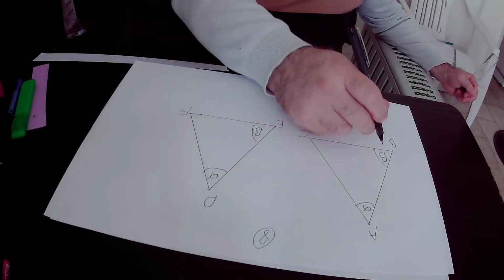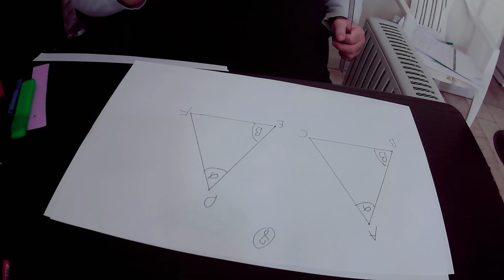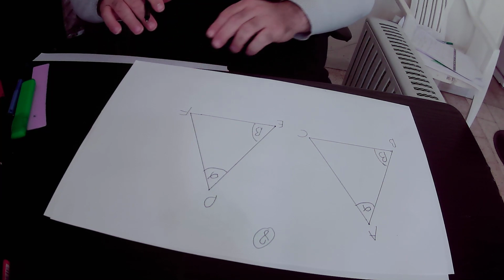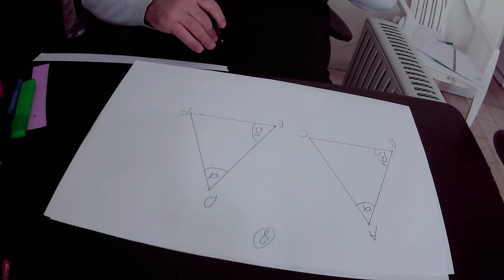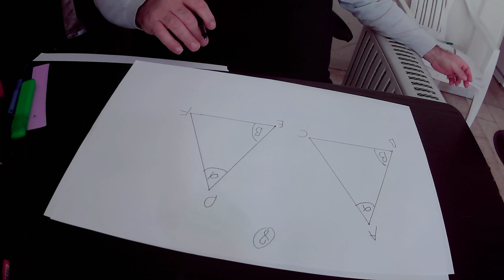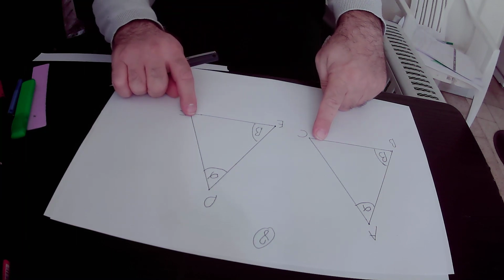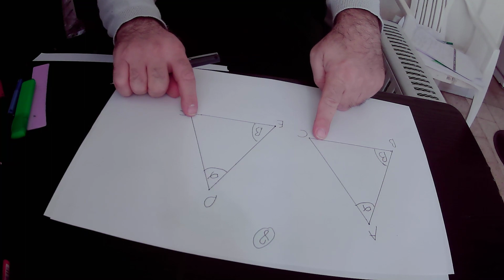So if this is the situation that we have two pairs of angles that are congruent, like in this drawing, then the third pair of angles must also be congruent. Those two angles that are the third pair of angles must also be congruent to each other.